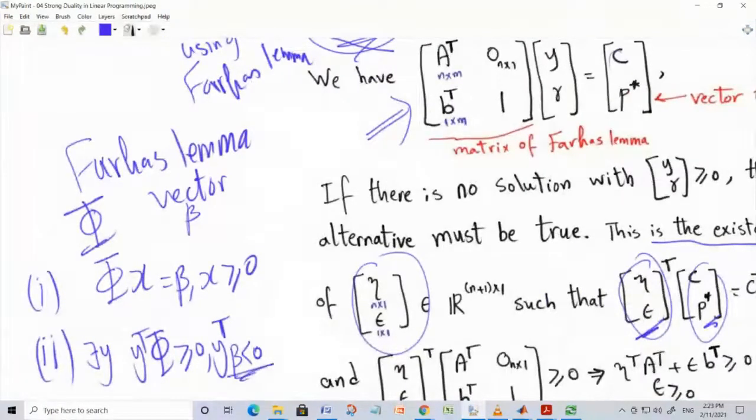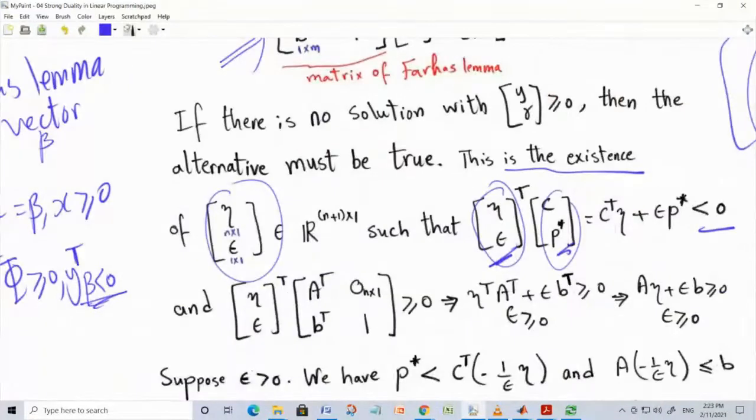This is what the Farkas Lemma is saying. Moreover, the inner product of this vector and each column of the matrix of the Farkas Lemma should be non-negative.